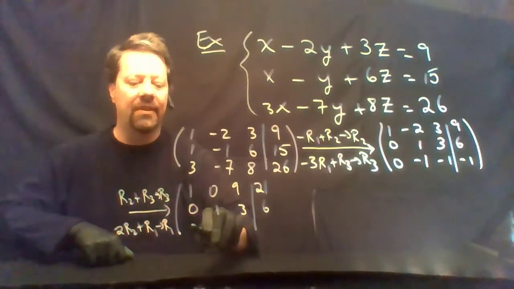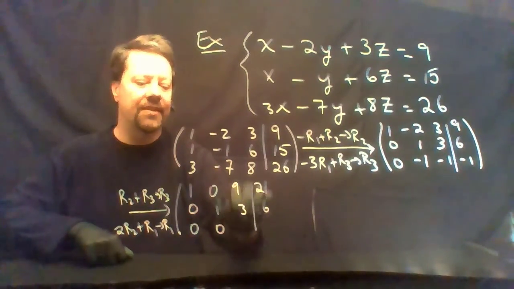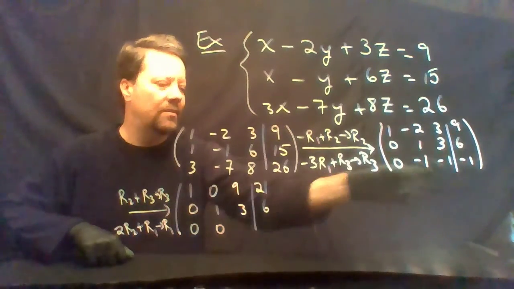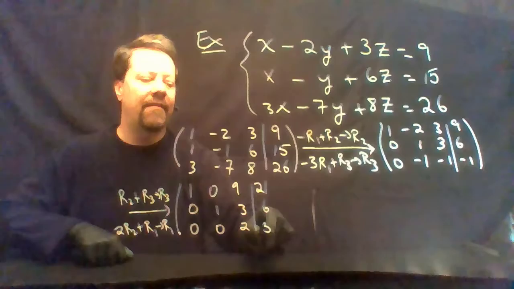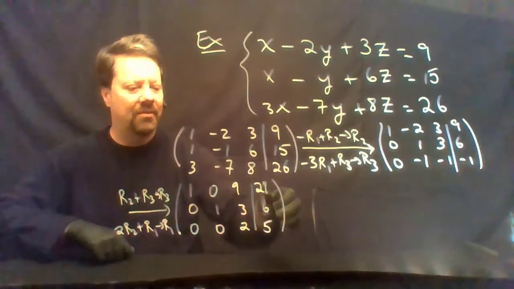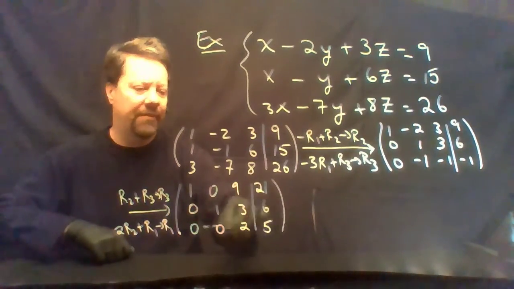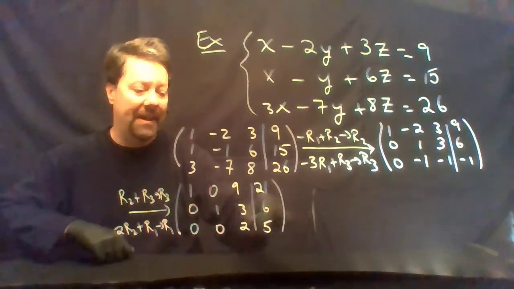Adding the second row to the third row gives us a 0 in this spot. We'll have 2, and then 5. We'll be in row-echelon form if we just multiply the last row through by 1/2.